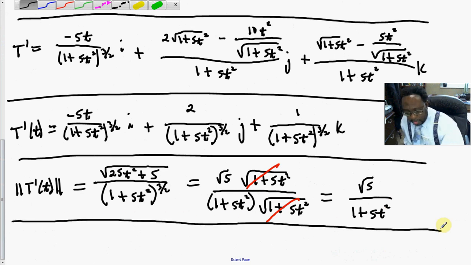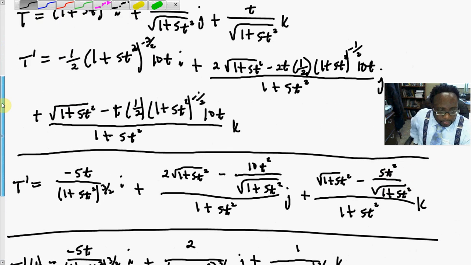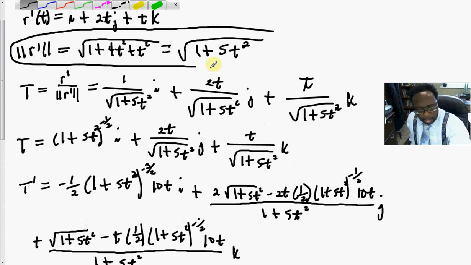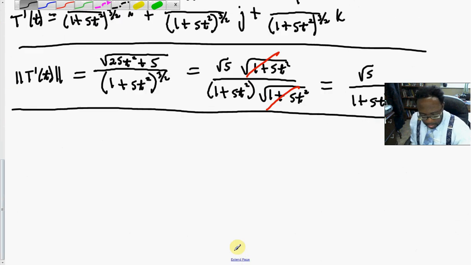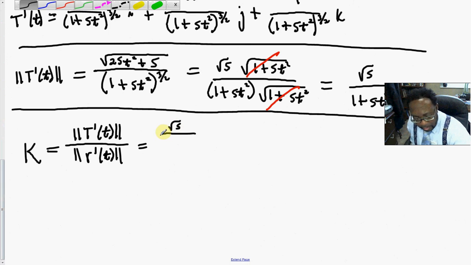So it looks like we have everything for the curvature. We have the norm of T prime, and then we have the norm of r prime. That guy's way up there. So the norm of r prime was this. So it's just that radical. So the curvature is the norm of T prime of t all over the norm of r prime of t. So this is the square root of 5 over 1 plus 5t squared.